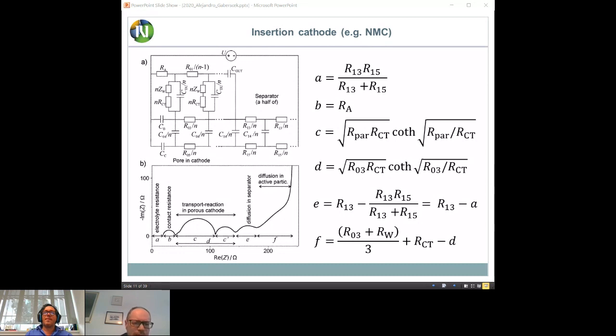So in slide 11, could you give more insight on the semicircle C? Yeah, semicircle C is actually due to a combination of transport and reaction inside your pore. I didn't put an explicit formula.